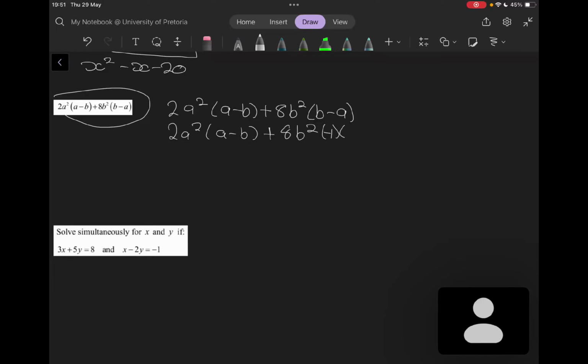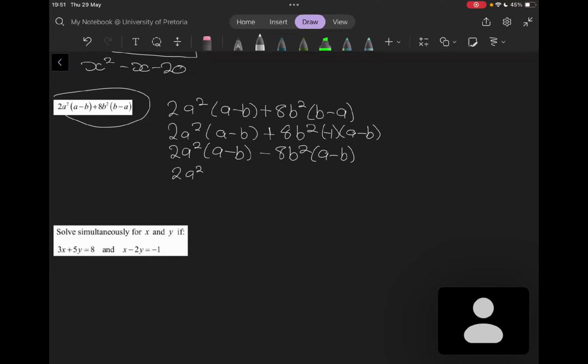And then we can end up doing this, a minus b in the brackets over there. If we simplify this, we end up with 2a squared times (a minus b) minus 8b squared multiplied by (a minus b). Since this and that are like terms, we can factorize it and have this as our final answer.